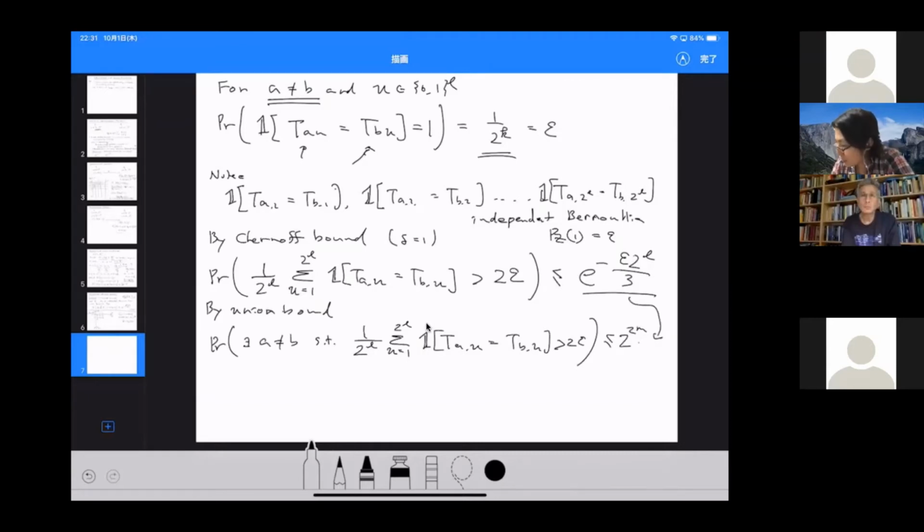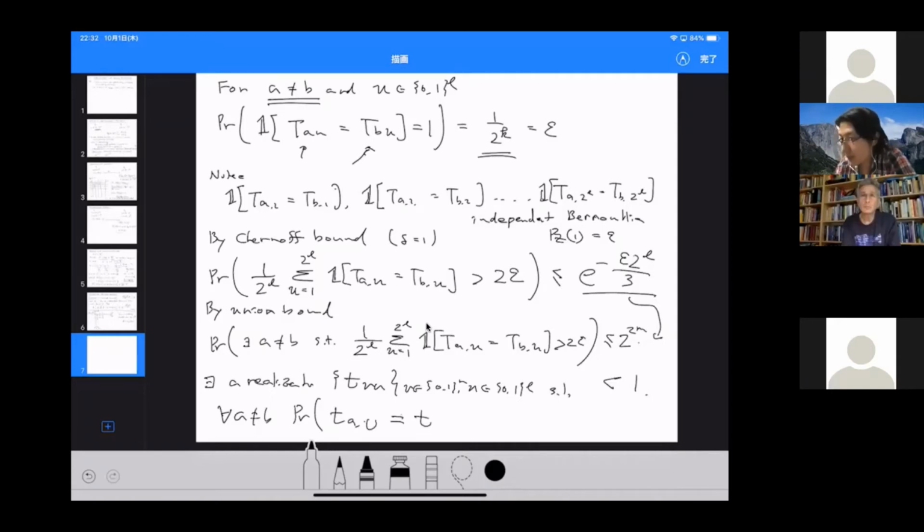Okay, so if this probability is less than 1, then there exists a realization T of VU such that for every A not equal B, the probability of collision is less than 2 epsilon.